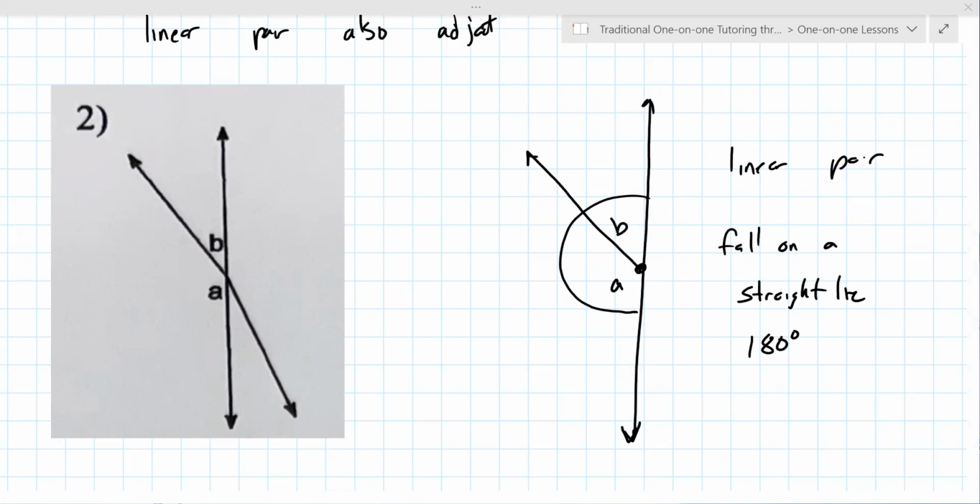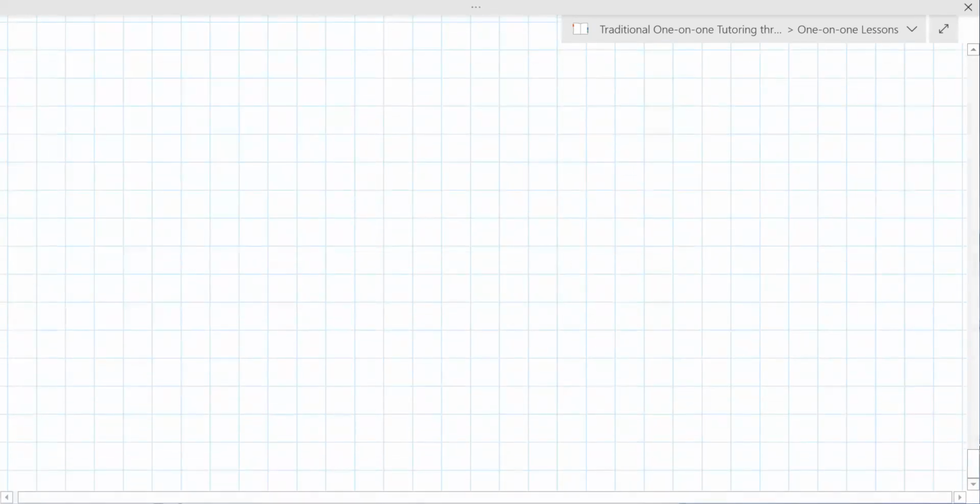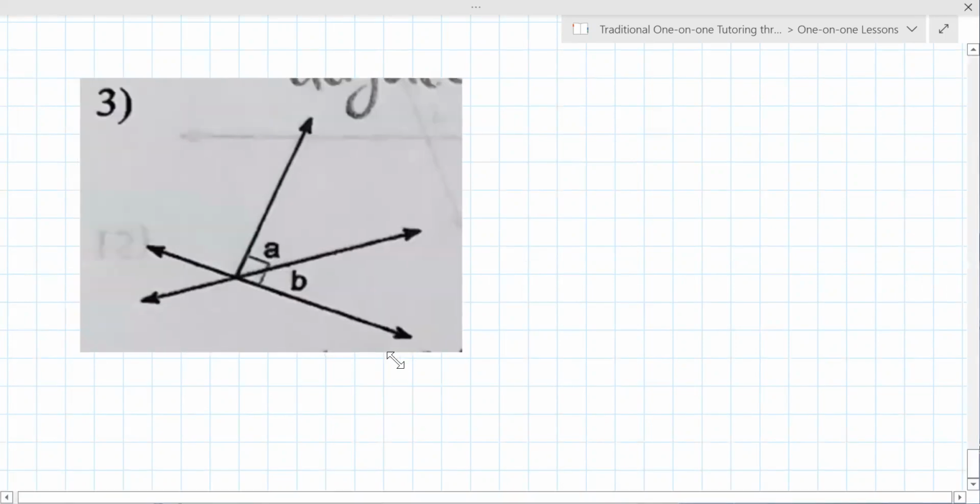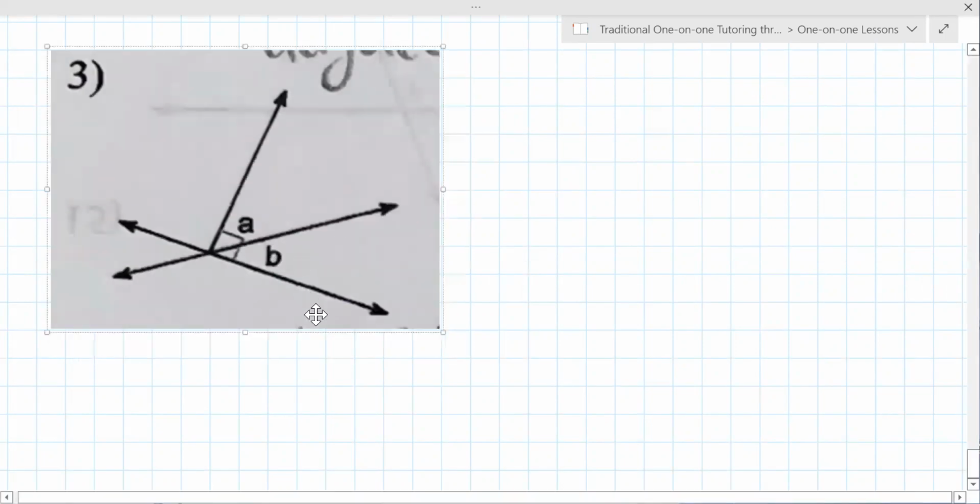Now when I look at number 3, let me back up here. The reason I think the worksheet is written this way is that they're going to give you a problem where the angles are not 180 degrees or 90 degrees, and then they would just be adjacent. But so far they've all been adjacent.